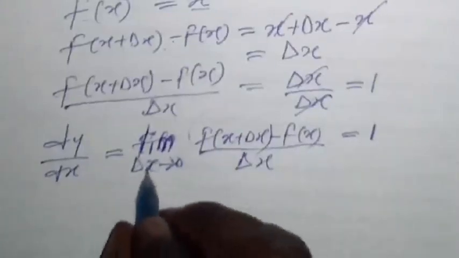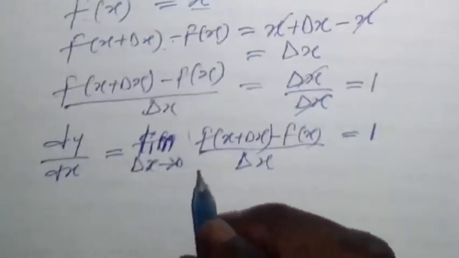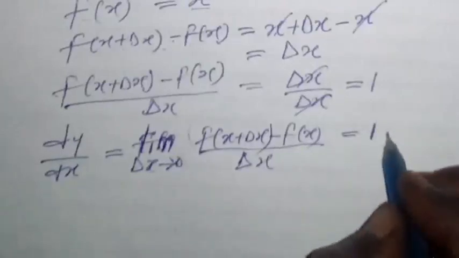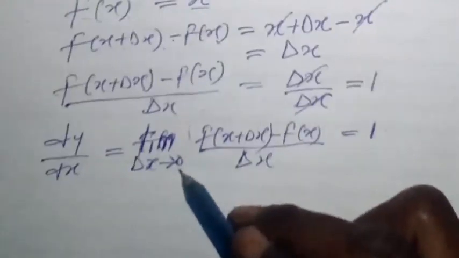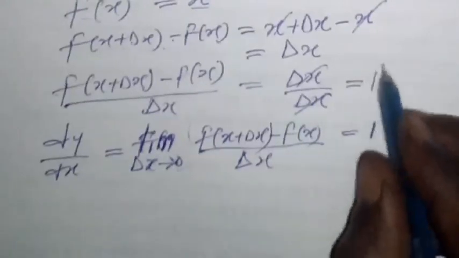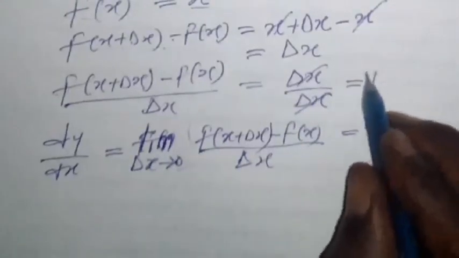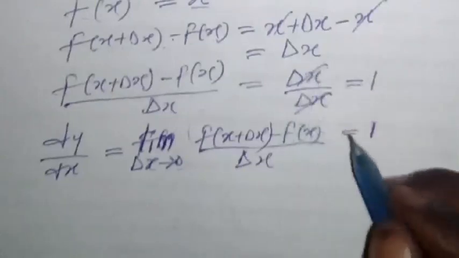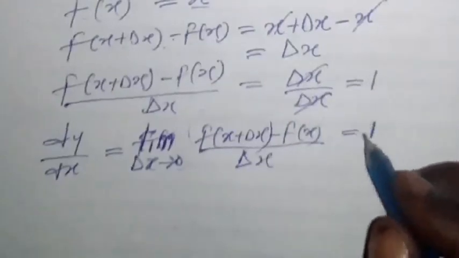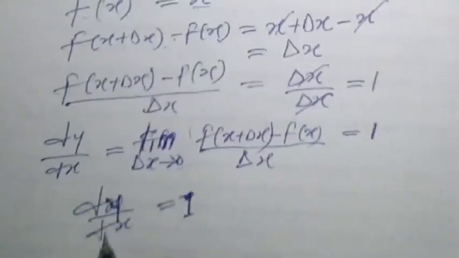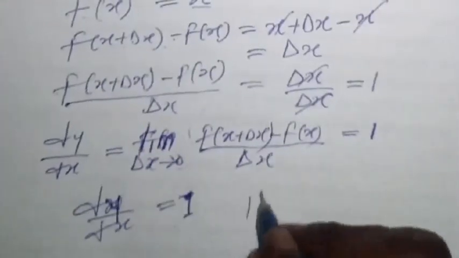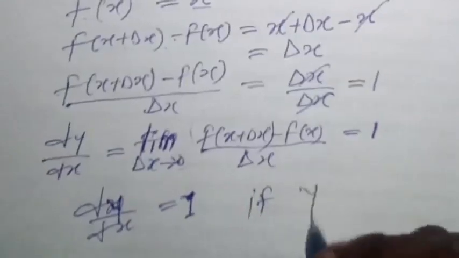Where do we apply this limit? In a situation where we have delta x somewhere in the expression, then we substitute it with 0. But now we have already eliminated it from here, as we divided numerator and denominator by the same delta x. Therefore, our dy/dx is equal to 1 if y equals x.